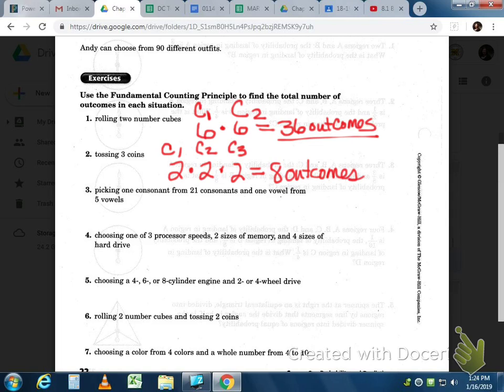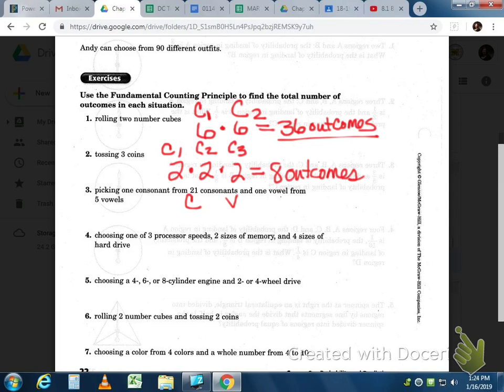Number 3, picking 1 consonant from the 21 consonants and then picking 1 vowel from the 5 vowels. So we're going to pick a consonant and we're going to pick a vowel.